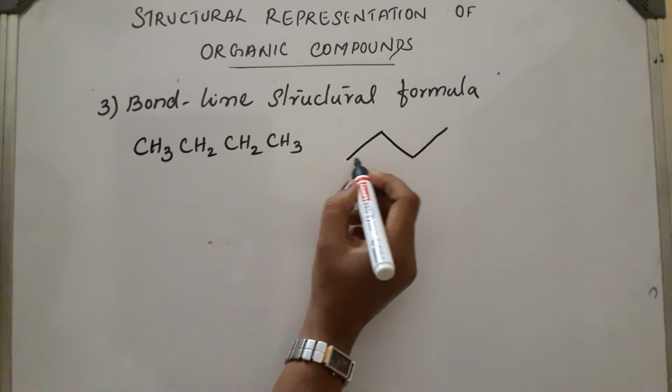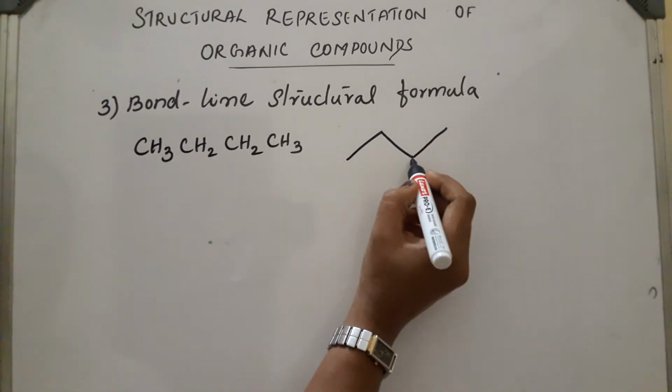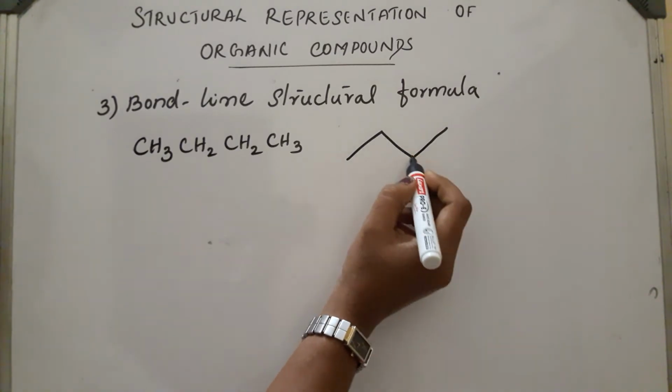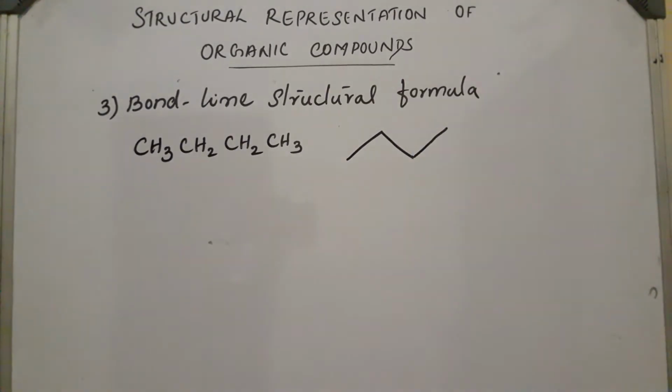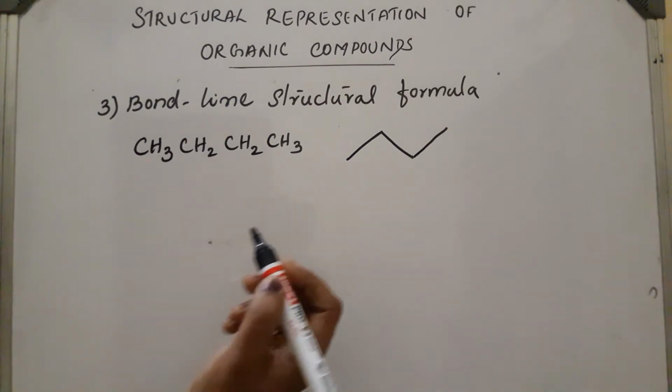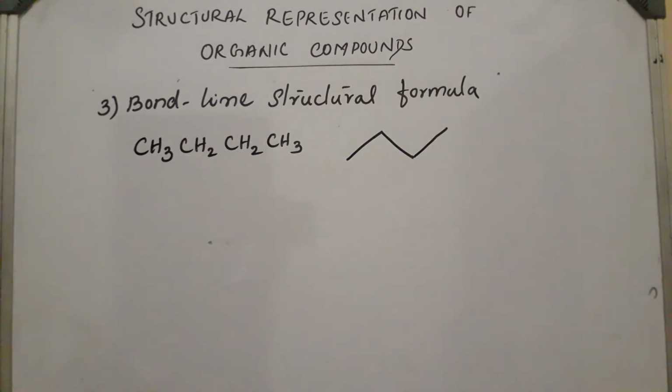This means that each junction contains carbon with appropriate hydrogen atoms, and the two terminal groups are methyl groups, or CH3 groups. If atoms other than carbon and hydrogen are present, like oxygen, chlorine, etc., they are specifically written.